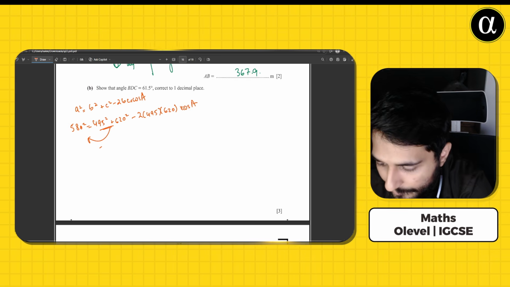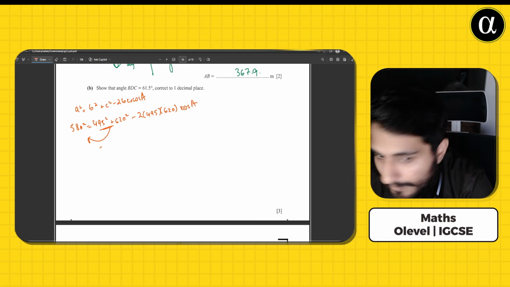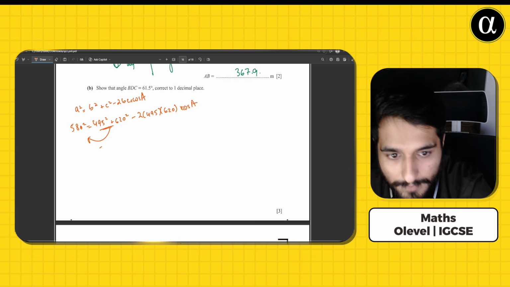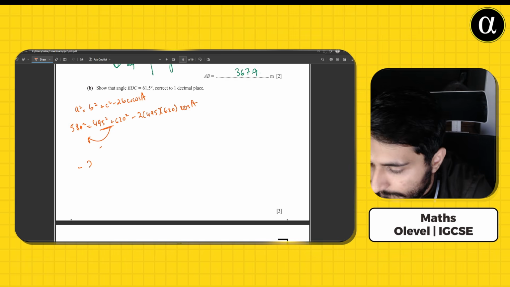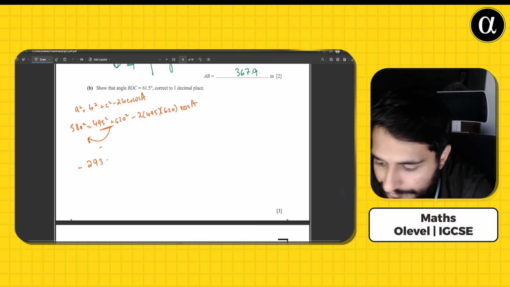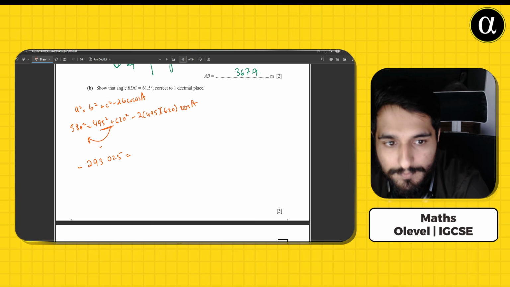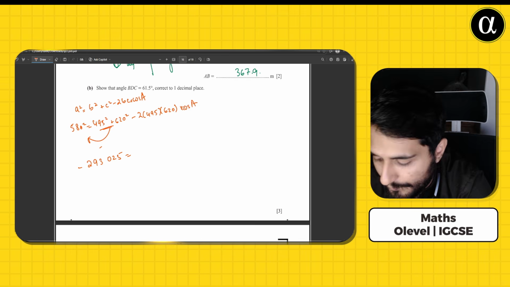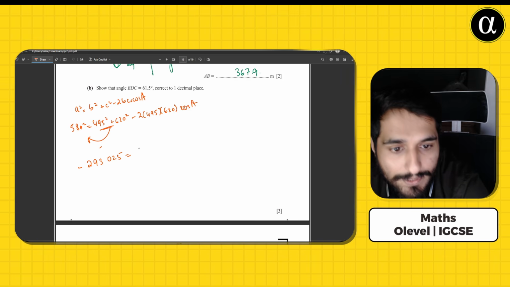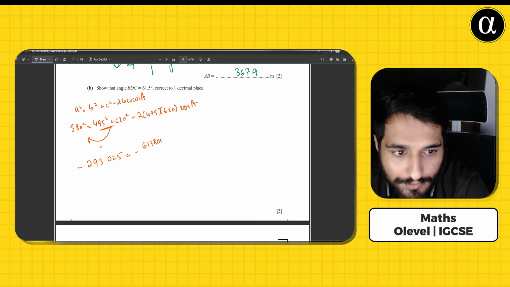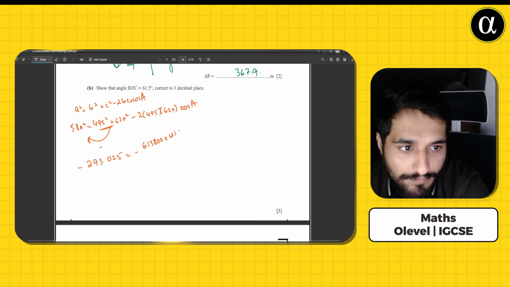I'm going to get 580 square minus 495 square minus 620 square, and this would give me minus 293,025 is equal to, let's solve this part. This would give me 2 into 495 into 620, and this value would turn out to be minus 613,800 times cos of A.